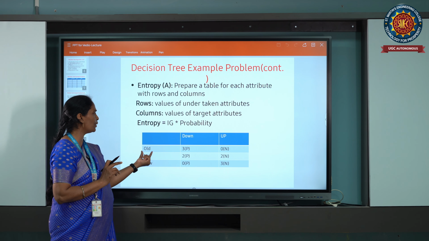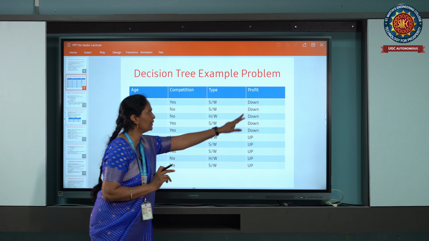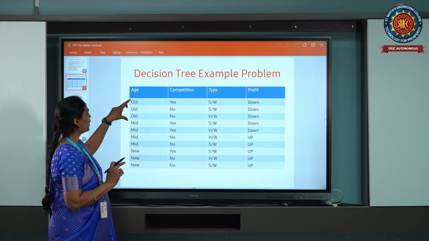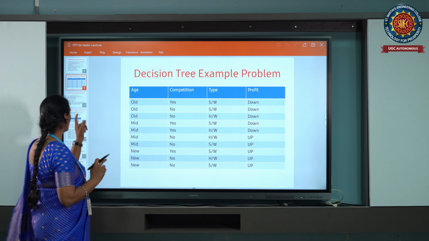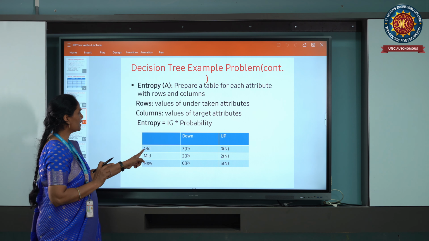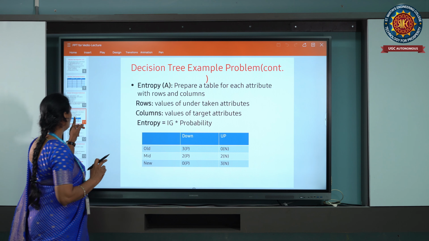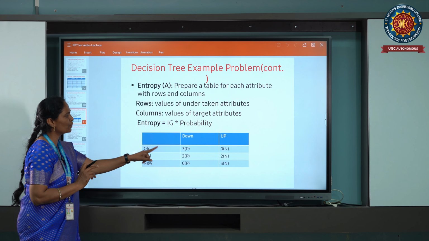So with this one, the old. In the previous given data set, how many profits of the old are there? So here we can observe, from age of the employee old, how many values are there from the profit, that we have to count in this one. So old is containing three. P is known as the down count, okay, right? And N can be known as the up count.